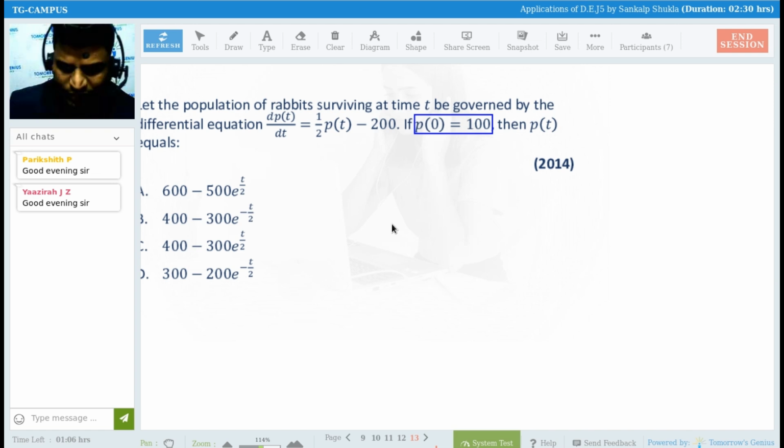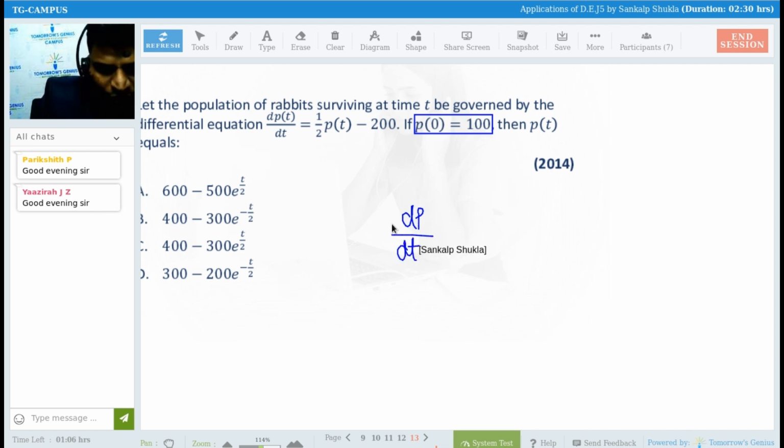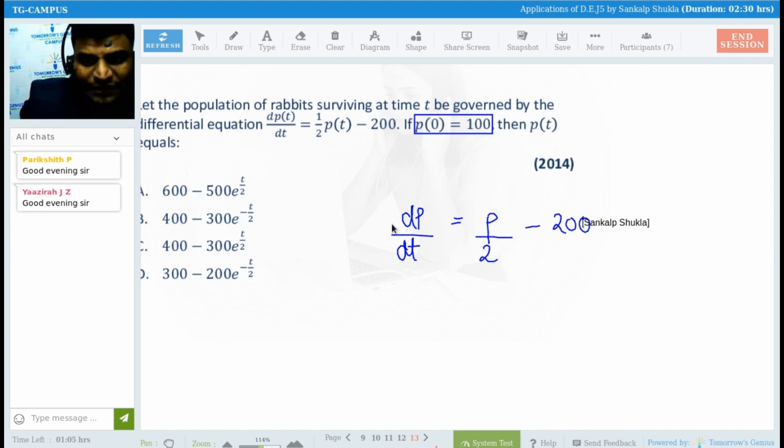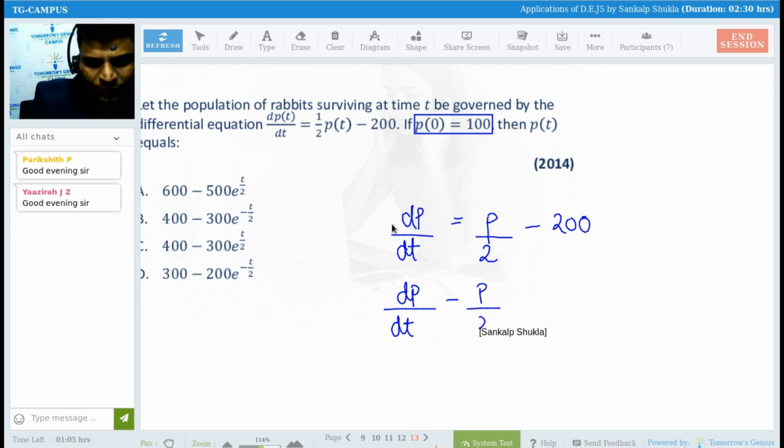Time is t. So we can do this question, right? Like dp by dt is already given to us as p by 2 minus 200. It's a very easy linear differential equation. We can write dp by dt minus p by 2 is equals to minus 200.